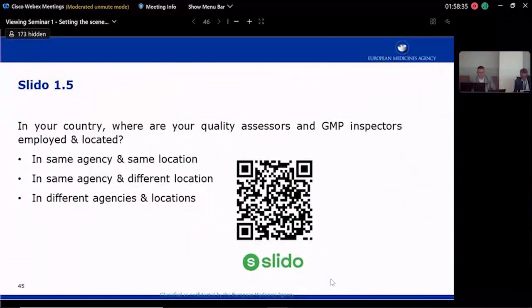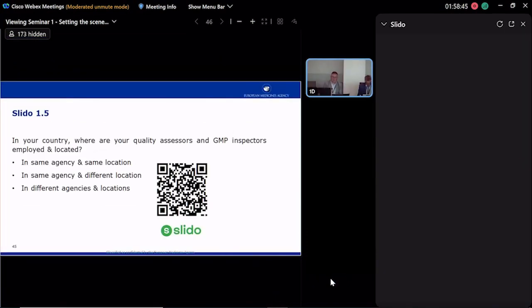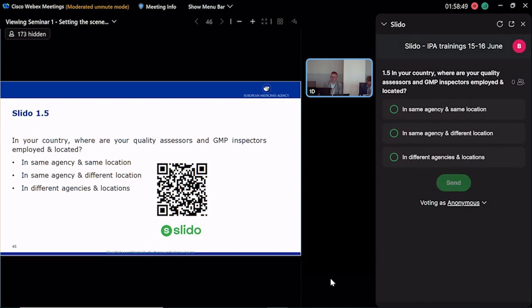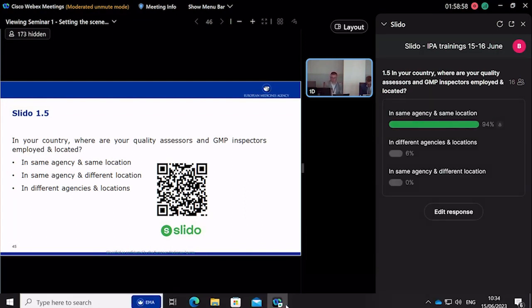So, another Slido. This one, I'm going to ask about your setup in your country. Where are your quality assessors and GMP inspectors employed and located? So, are your assessors and inspectors in the same agency and in the same location? Are they in the same agency but in different locations?